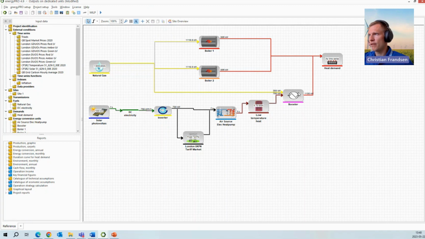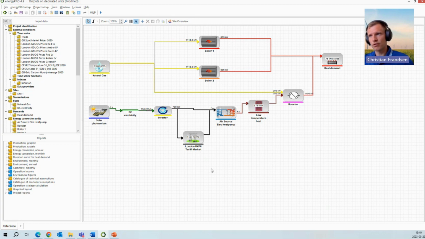And these ratios here could also be defined by time series functions, so that the required temperature could be something that is varying over time, and thereby this ratio between the heat from the heat pump and this boosting is something that is changing over time as well.